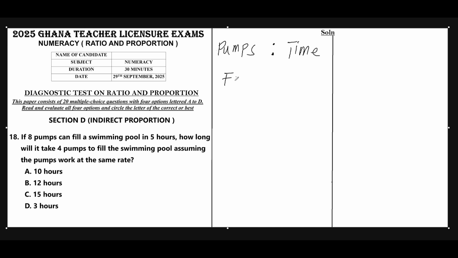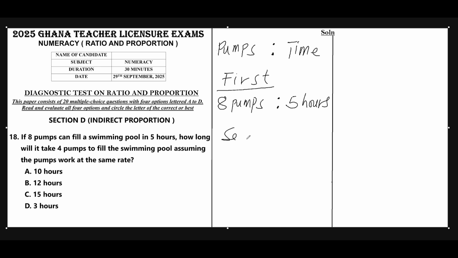Now the first instance, we have 8 pumps taking 5 hours to fill a swimming pool.